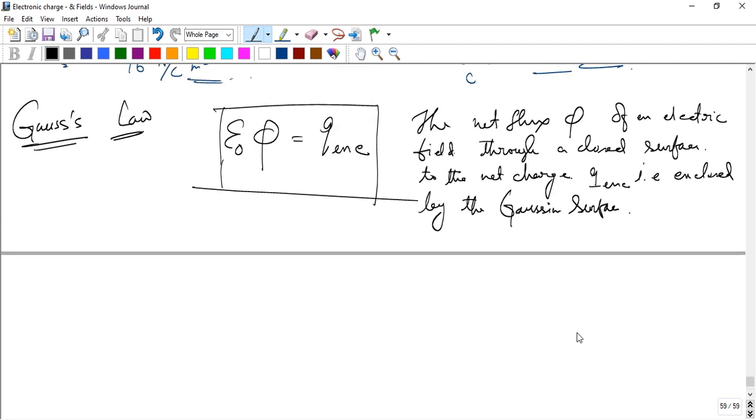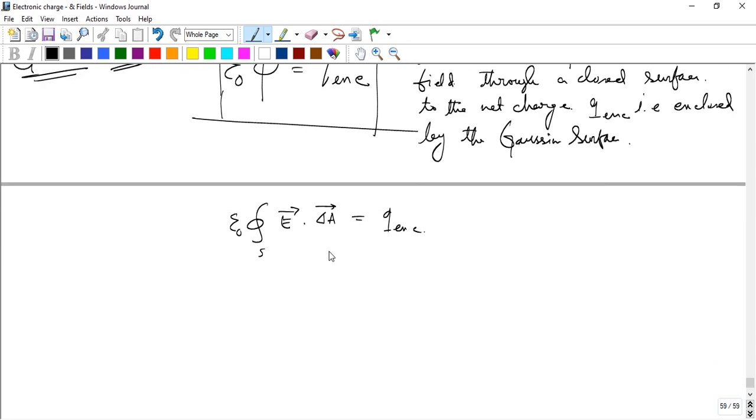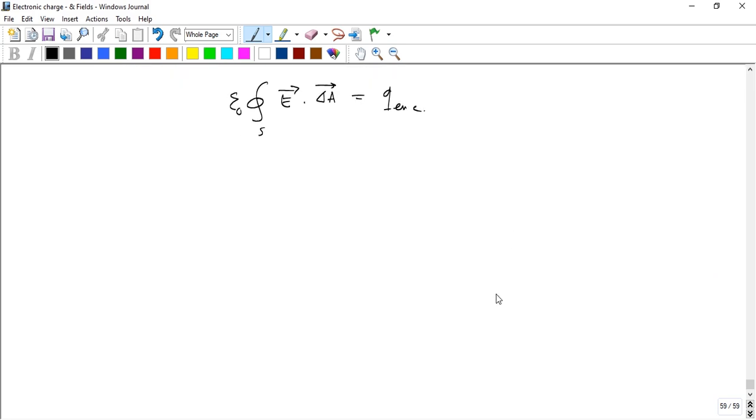Mathematically this will look like this: epsilon naught phi equals the closed surface integral of E dot delta A, which is equal to Q enclosed. Okay, take an example. Suppose there is a positive charge and a negative charge, and the electric field goes from positive to negative.